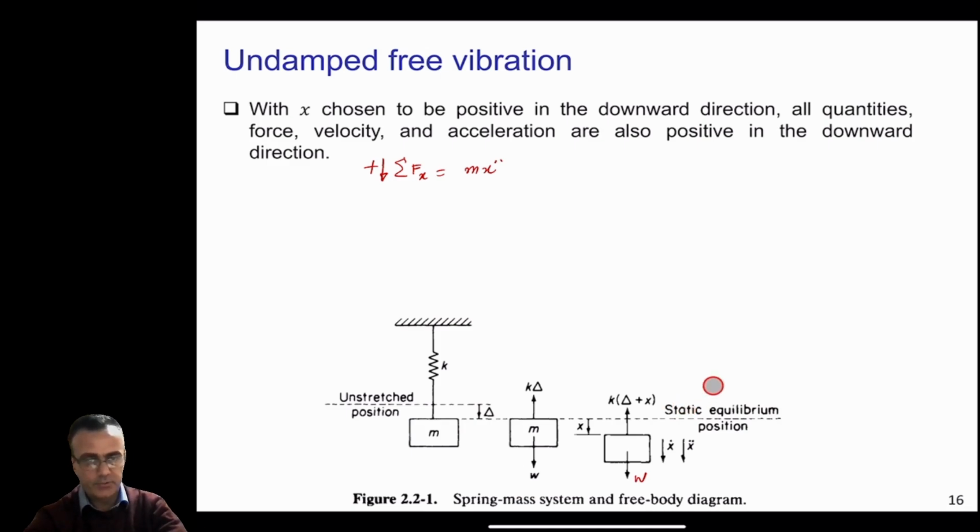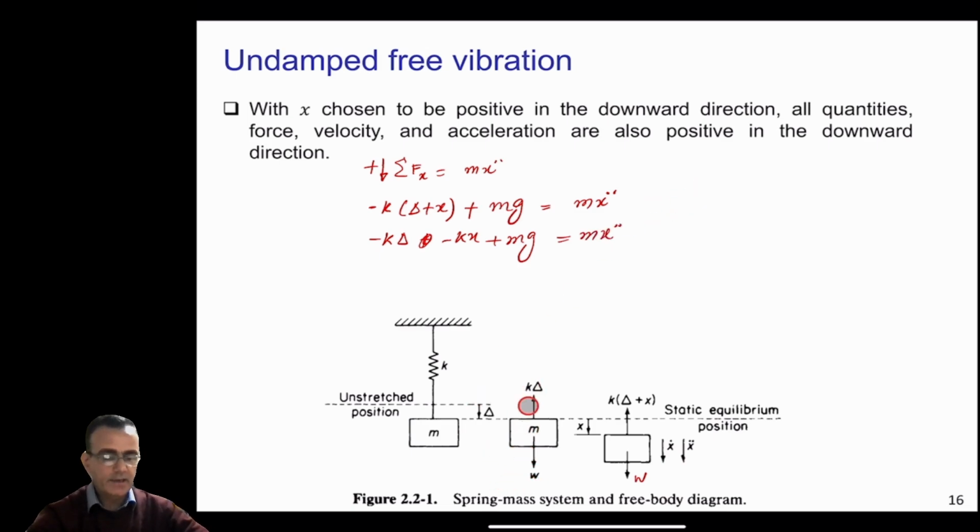So if you write the equation of motion, you have k times delta plus x, which is negative, and then plus mg, which is positive, because we are taking the downward direction as positive, since the acceleration is in the downward direction. So you have minus kx plus mg is equal to mx double dot.